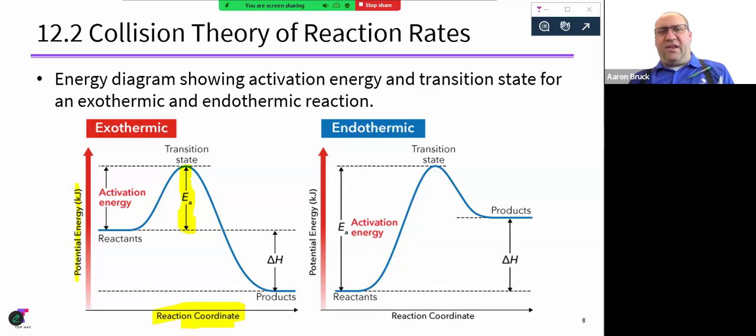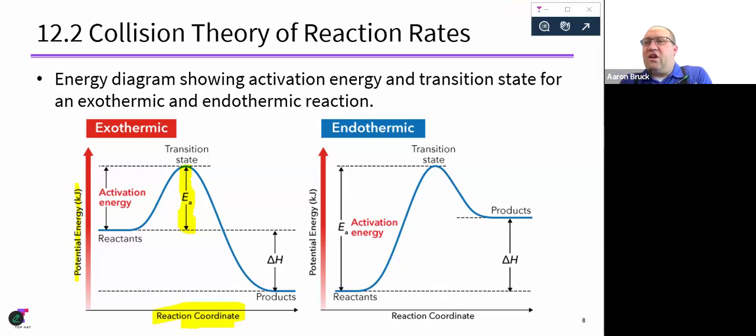And it does not matter if it is an endothermic or an exothermic reaction, that activation energy will always exist. Now, when we talk about mechanisms, we'll get into better discussions about what that transition state is and what intermediates are. So don't worry too much about that at this point. We will come back to it though.